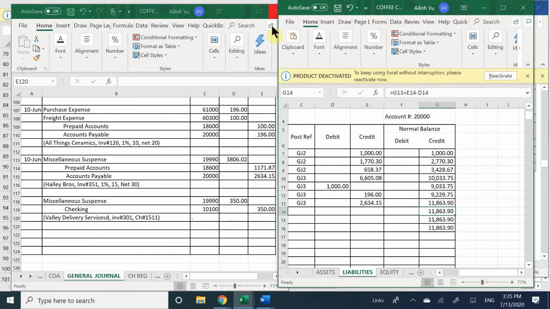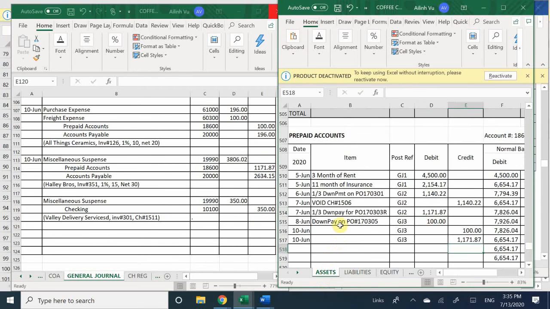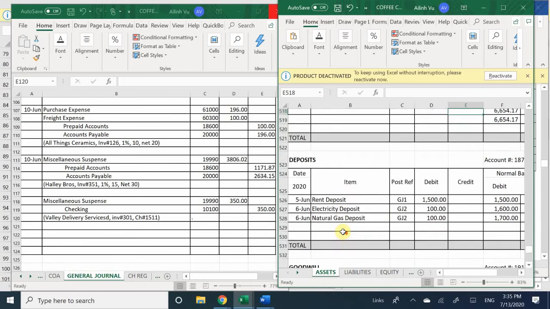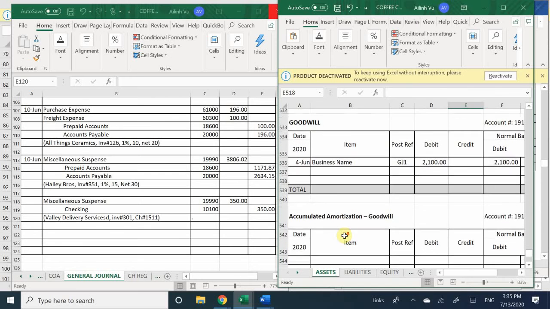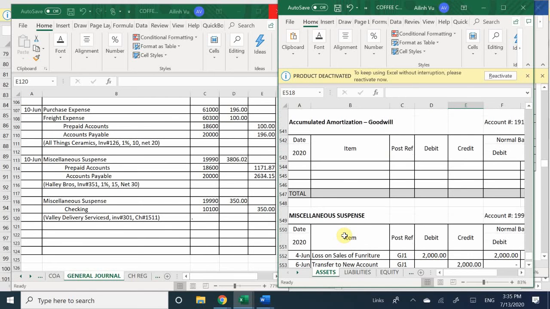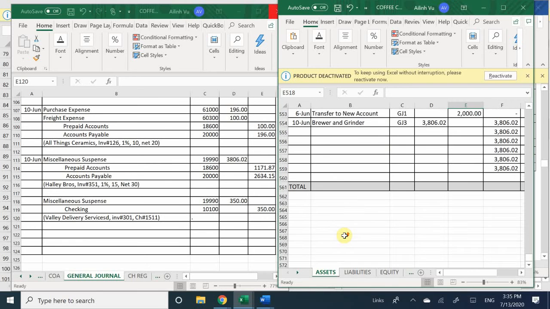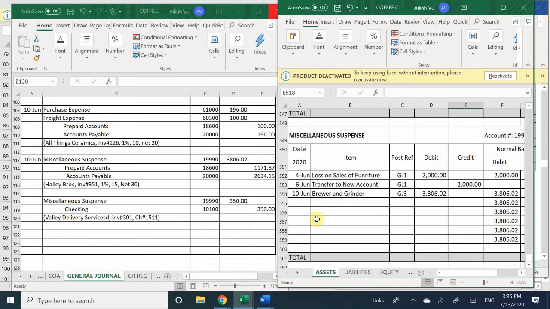ledger. Okay, so again, we're going to go to miscellaneous suspense, which is at the bottom of page 15 for you guys. Maybe 16? No, 16. Okay, so here's miscellaneous suspense. And we're going to go ahead and indicate the date.